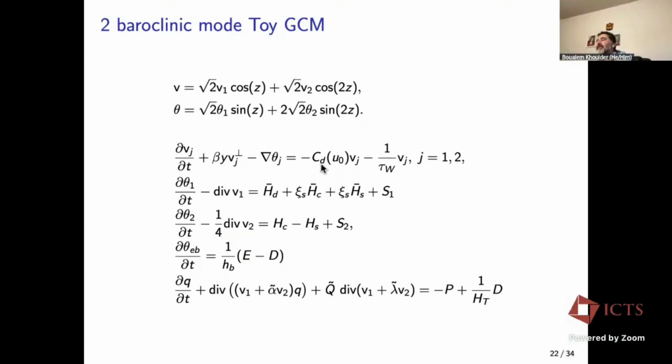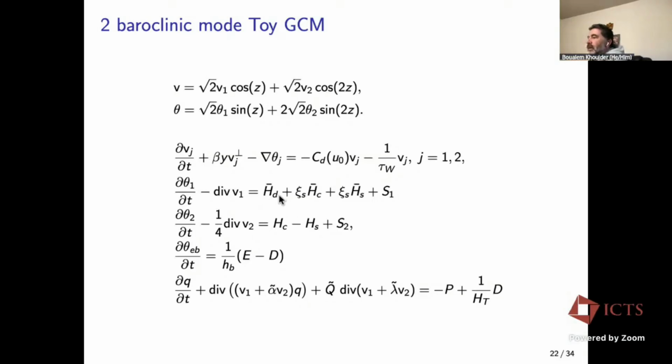Okay, so the idea is that we have two baroclinic modes, where we have a GCM with crude vertical resolution, as we call it, where you have only two layers or two baroclinic modes, which basically says that you project your velocity into cosine z and cosine 2z, and the potential temperature into sine z and sine 2z, and then you write down the equations, and then it will be just 2D PDEs instead of 3D.